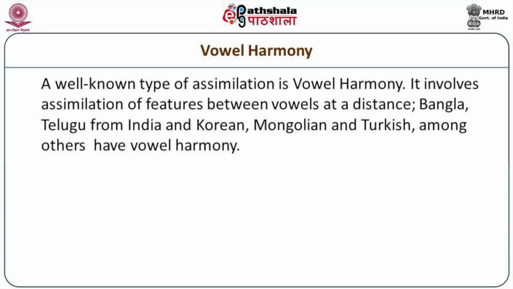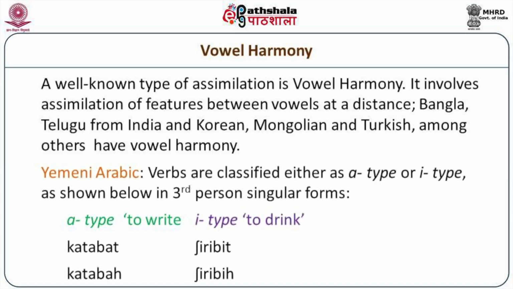A very simple case of vowel harmony is found in a dialect of Arabic. In this dialect, verbs are classified into two types, the A type and the E type. In A type verbs, all the vowels are A, and in the E type verbs, all the vowels are E. This is an extreme case of vowel harmony, but it sufficiently illustrates what is meant by vowel harmony.